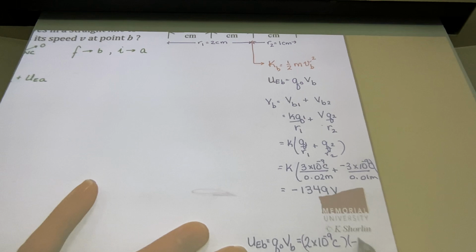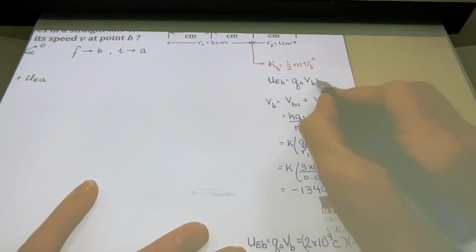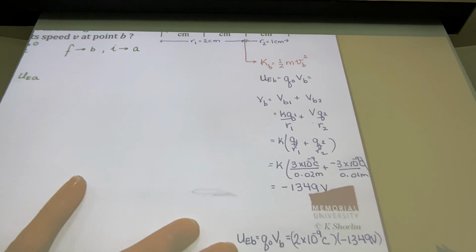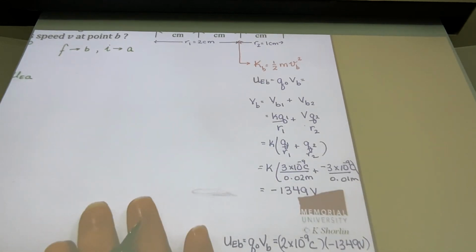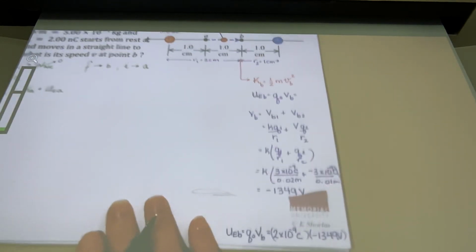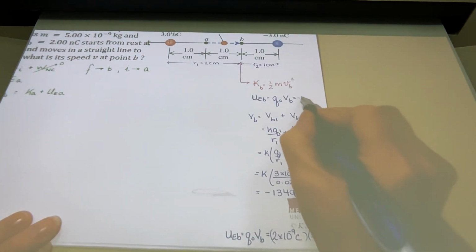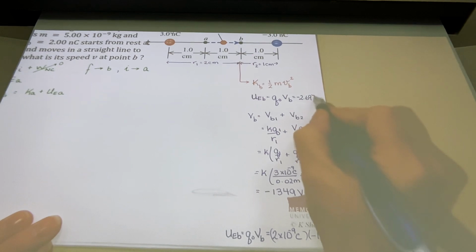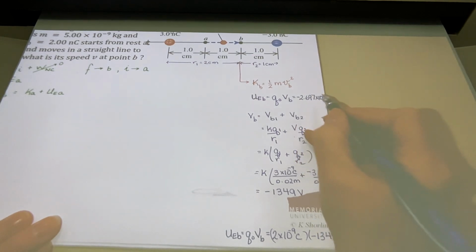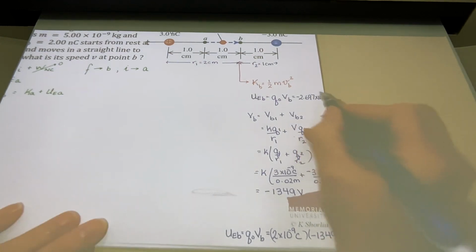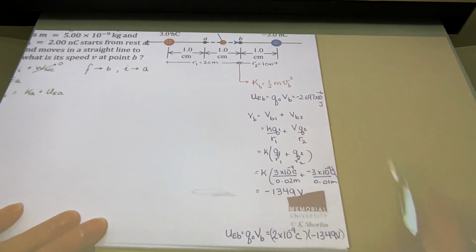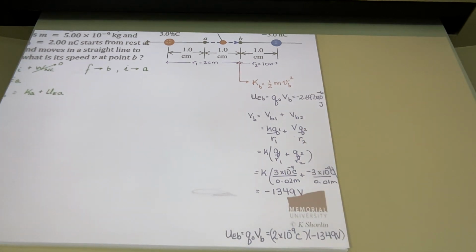Multiply that by the potential of minus 1,349 volts, and we get a potential energy of our dust particle at point B equal to minus 2.697 times 10 to the minus 6 joules. So there's my electric potential energy at point B. You good there?